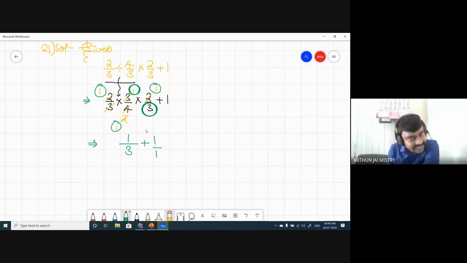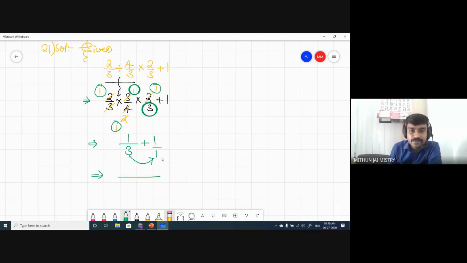Yes, this one I have written as by 1 because that is free of cost. If you want, you can keep by 1 for any number. Why? Because 5 by 1 is 5, 7 by 1 is 7. Similarly, 1 by 1 is also 1. Now, why did I keep it? So that I can take LCM of the denominators now.